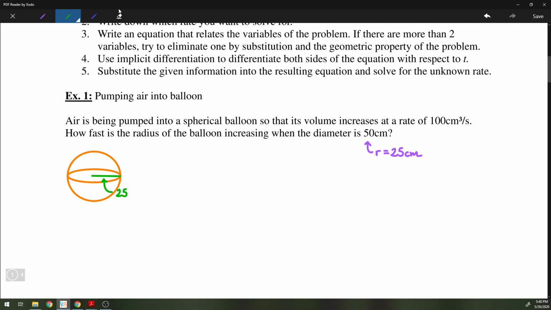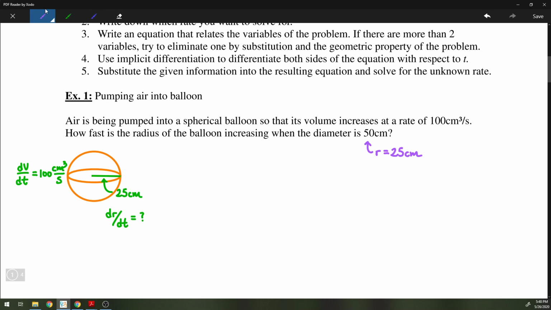That's at the time for which we want to find the rate of increase of the radius. That is to say, we don't know what dr/dt is at that moment. We do know what dV/dt is. That is given to us, and that would be 100 cubic centimeters per second.